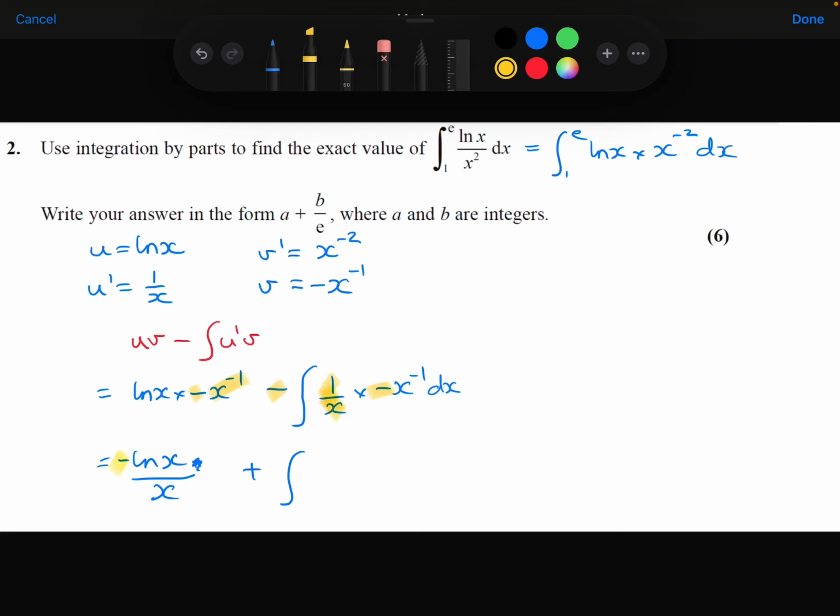This 1 over x is the same thing as x to the power minus 1, which when combined with the other x to the power minus 1 will actually make this become an x to the power minus 2, which I can now integrate.